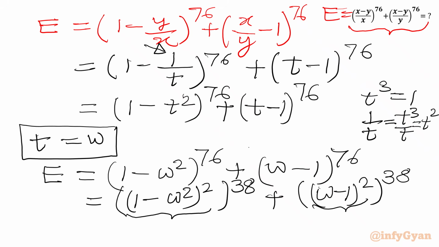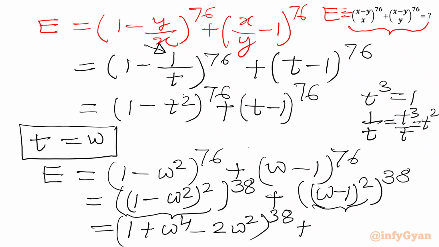We will get 1 plus omega power 4 minus 2 omega square. This is 1 minus omega square whole square. Then we have whole power 38 plus omega minus 1 whole square will become omega square minus 2 omega plus 1, whole power 38.